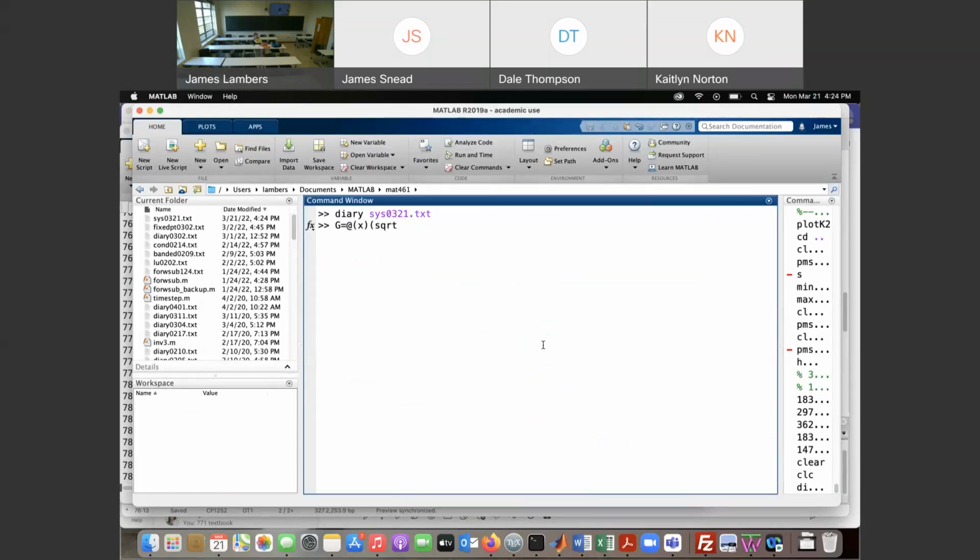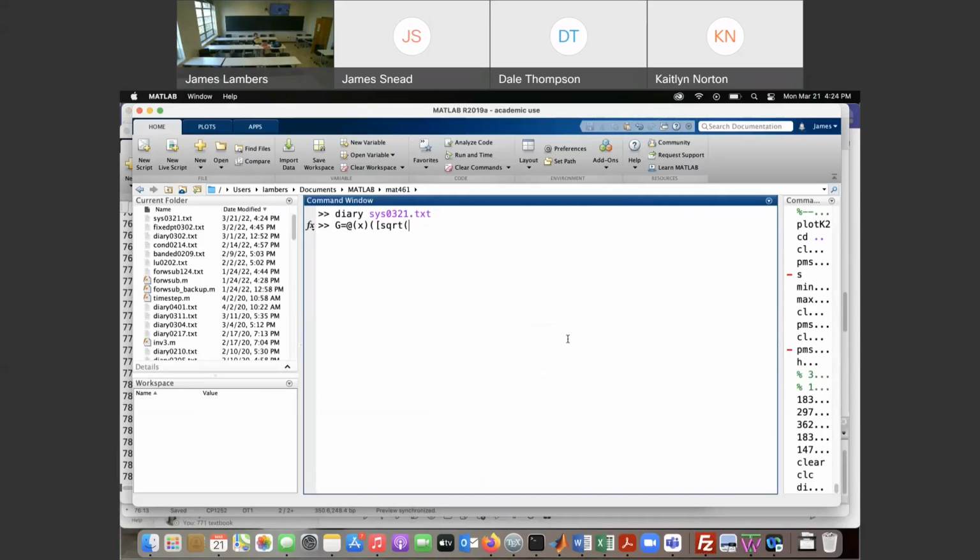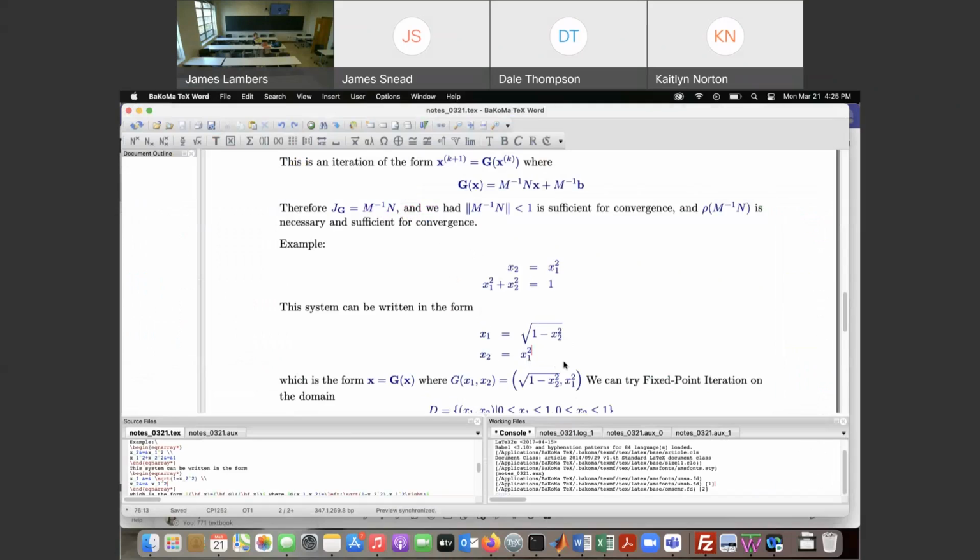I'll make the argument a vector for convenience, so the output will have to be a vector as well. I'll deal with x(1) and x(2), two elements. The first element is square root of 1 minus x2 squared, and the second element is just x1 squared.